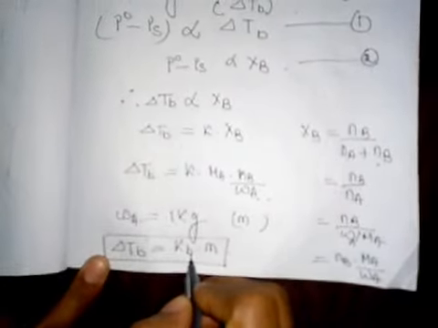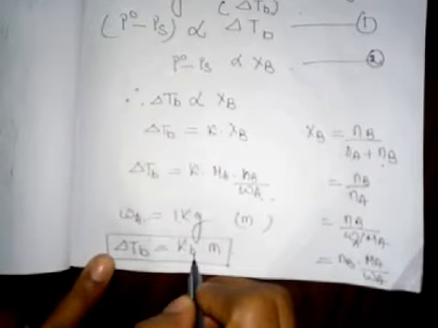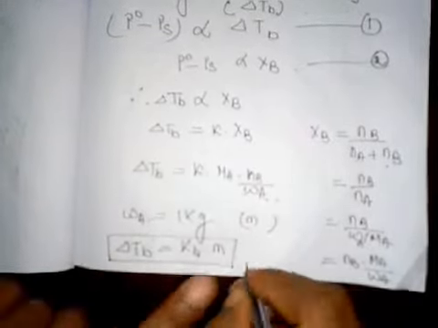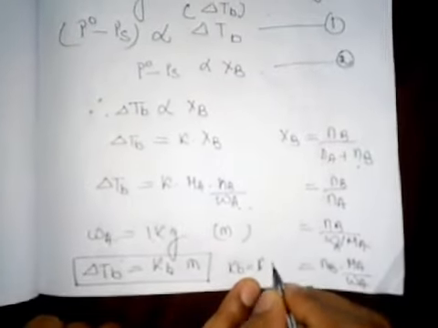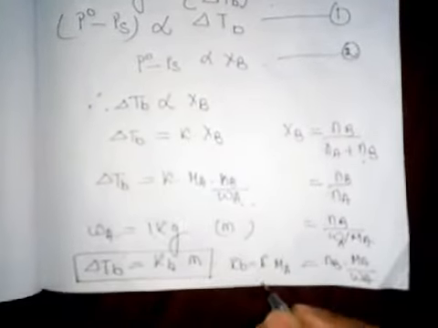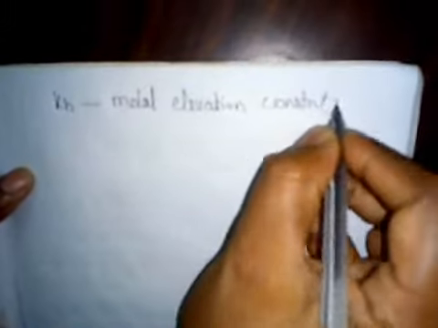Where Kb is another constant, where Kb is equal to K into Ma. This Kb is called the molal elevation constant or ebullioscopic constant.